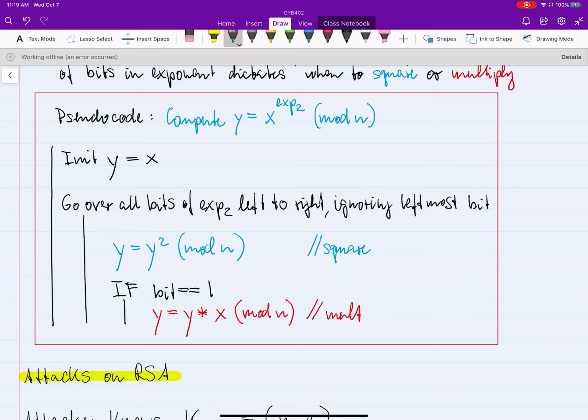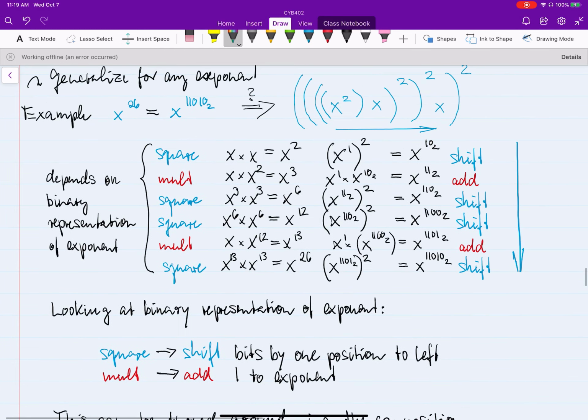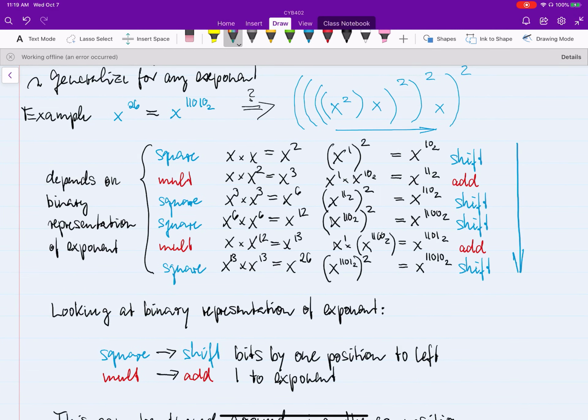So here's the pseudocode. What we do is we retrieve the exponent in binary representation, and then we go over all the bits from left to right. We ignore the leftmost bit because that was the original one that we had here. This one here, this is a given.